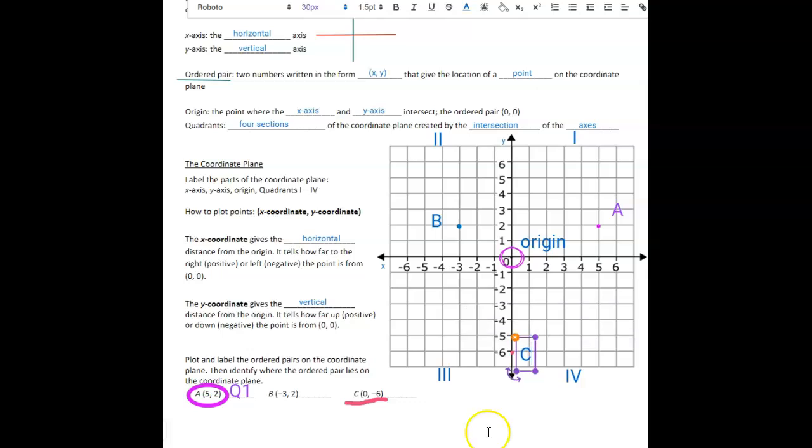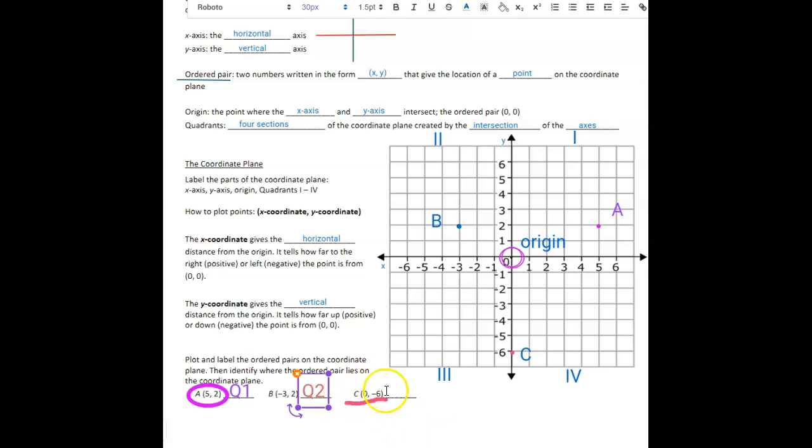Now let's finish putting where these points are located. So point B is located in quadrant 2. So I'm going to put a Q2 to represent quadrant 2. But C is not located in a quadrant. It's not in quadrant 3. It's not in quadrant 4. It is right in the middle.